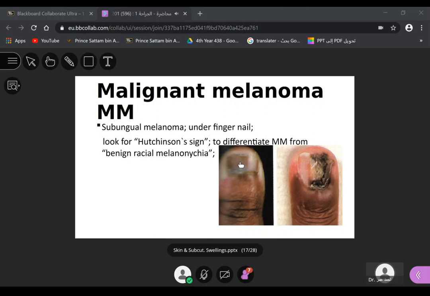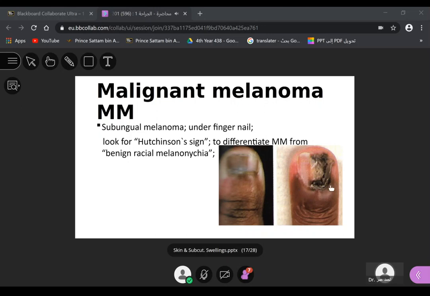So the question here is how to differentiate whether this black lesion under the nail is melanoma, like in this case, or due to trauma, for example, or another factor rather than melanoma. If you want to differentiate, look at the nail fold. I'm talking about this area. You see this area?